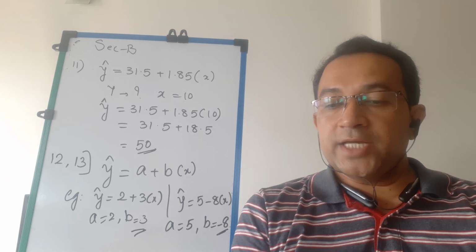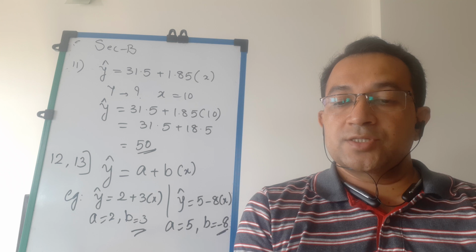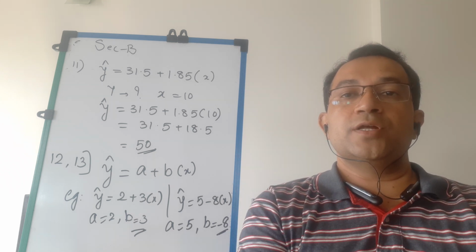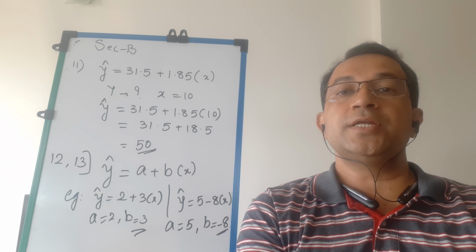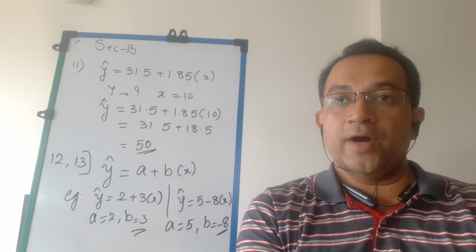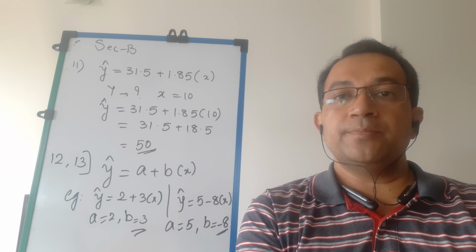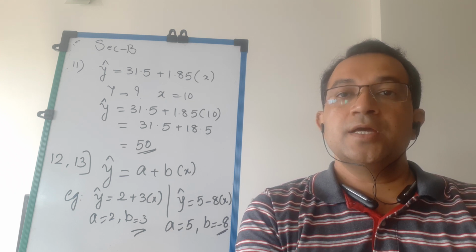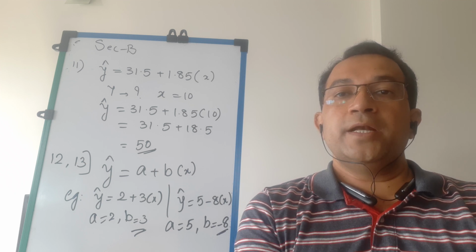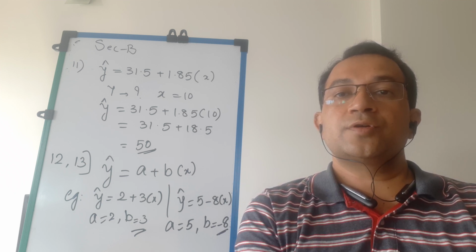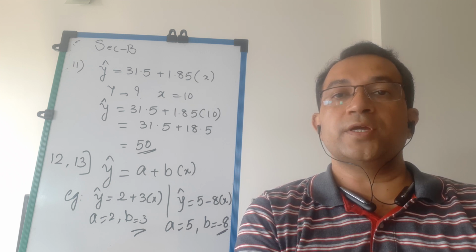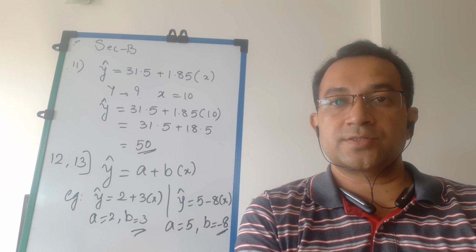So if I check VSQ 12, before checking VSQ 12, once again I am reiterating. In a regression line, y cap is equal to a plus bx. Mind you, b is called the regression coefficient of the line of y on x, and b is also called the slope of the regression line of y on x.